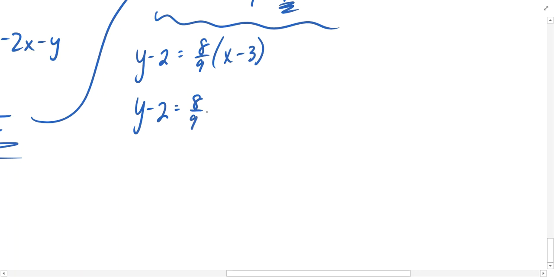So after distributing, we've got 8/9 x minus 24/9. Now 24/9 can be reduced, but I'll do that towards the end here if we need to. To add 2 to both sides, that would be adding ninths. I'm going to add 18/9 to both sides, just so that we have a common denominator.